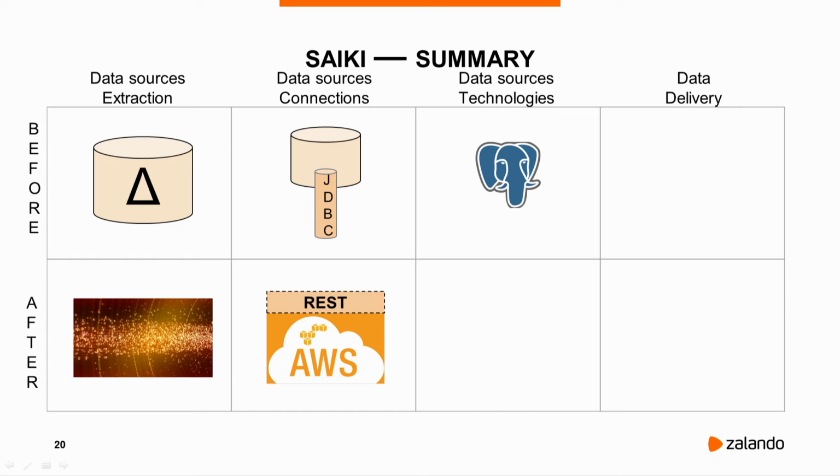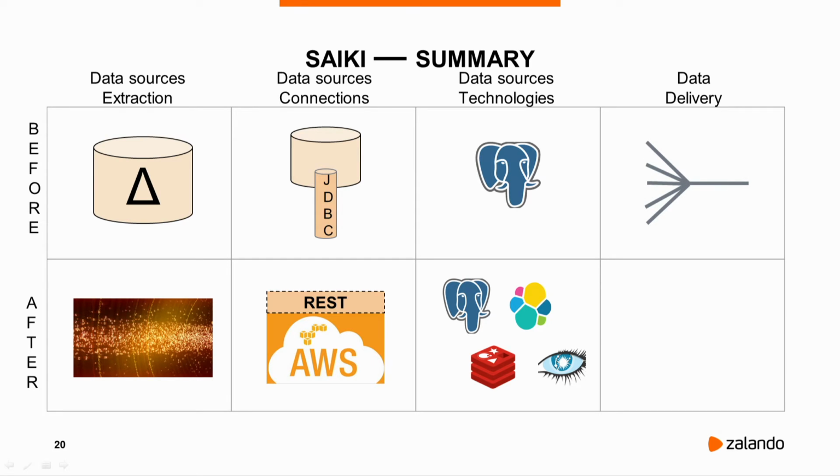Before, we were just relying on Postgres databases. Now we can access any kind of database. And before, we were extracting data and delivering it to only one team. Now we are able to deliver it to multiple teams. So this is basically what we have built to fulfill this requirement of delivering the data to the BI teams.